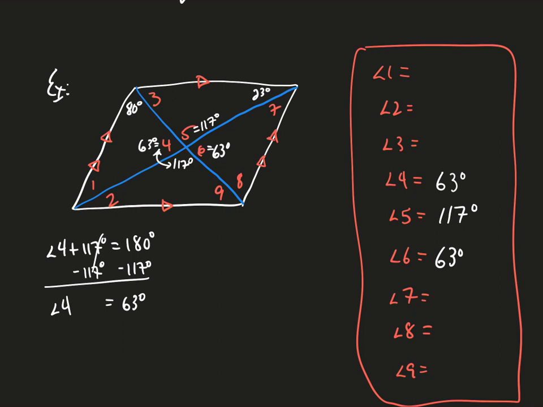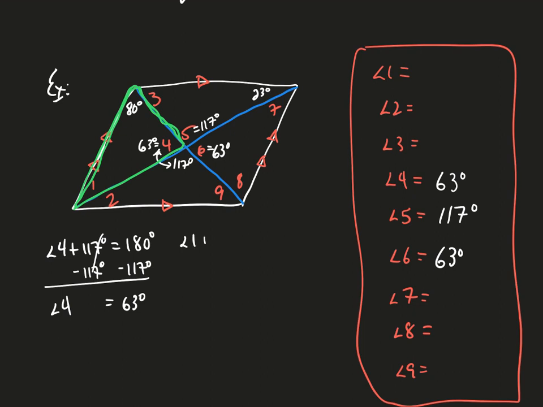Well, if we wanted to, we could do something like this, or you could save this for later, whatever works for you guys. We could consider one of the triangles formed within this picture that I'll try to outline in green. Within that green triangle, how many of the angles do you know now? You know 2. One angle is 80, the other angle is 63. So we could find angle 1, remembering that the 3 interior angles of a triangle add up to 180.